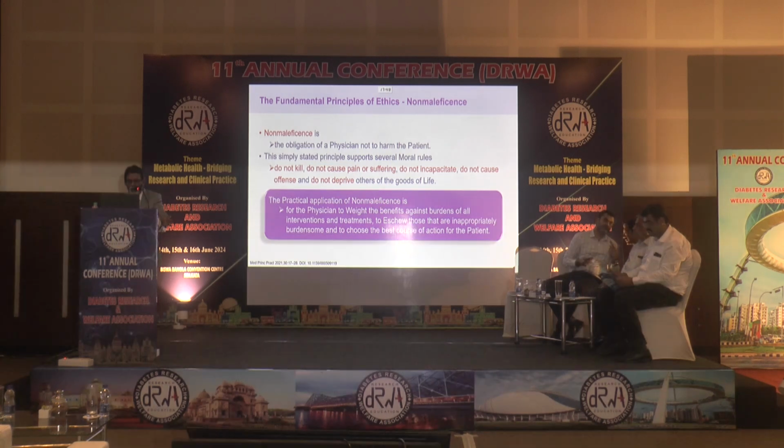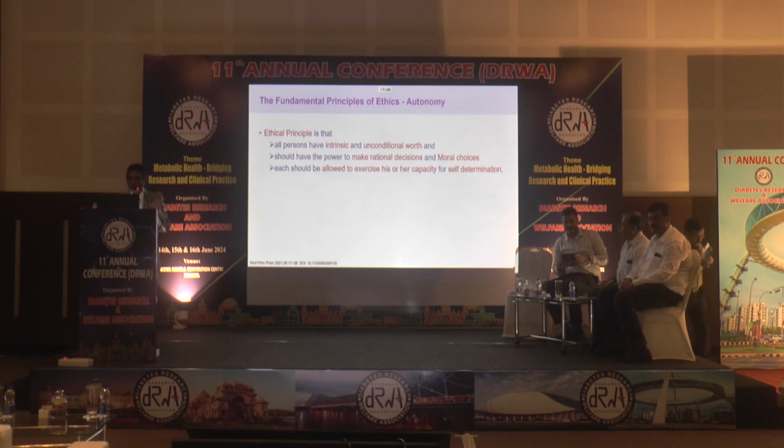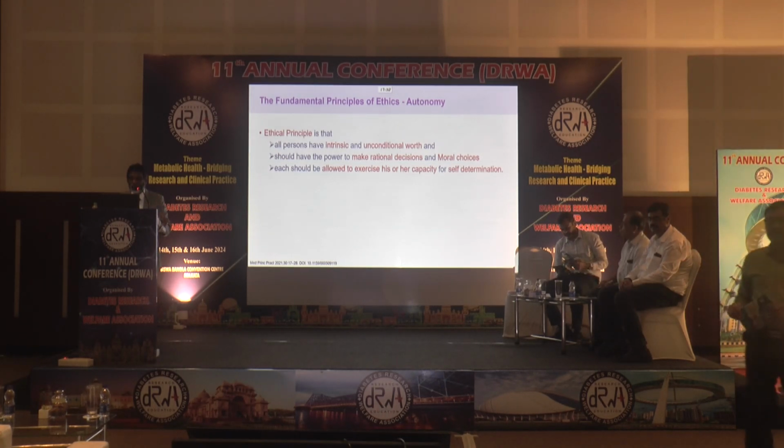The physician must weigh the benefits against the burdens of all interventions and treatments, eschew those that are inappropriately burdensome, and choose the best course of action for the patient. On autonomy, the ethical principle is that all persons should have intrinsic and unconditional worth.